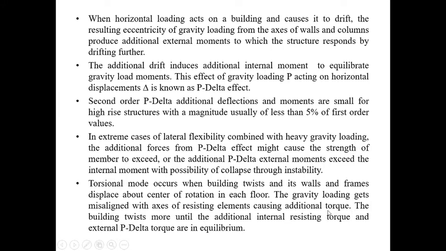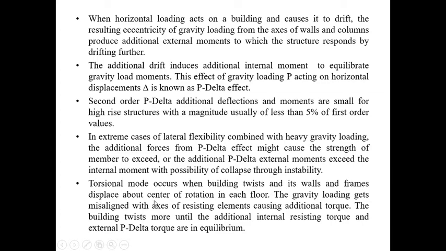The gravity loading gets misaligned, causing additional torque, so the building will twist more when the internal resisting torque and the external torque are not in equilibrium. If they are balanced, the building will not twist.